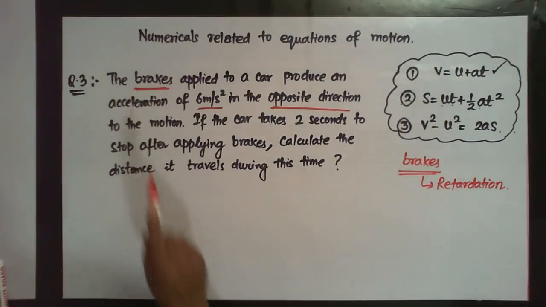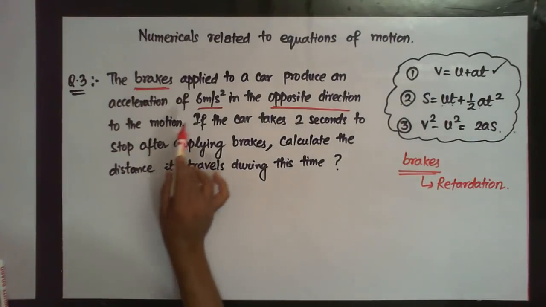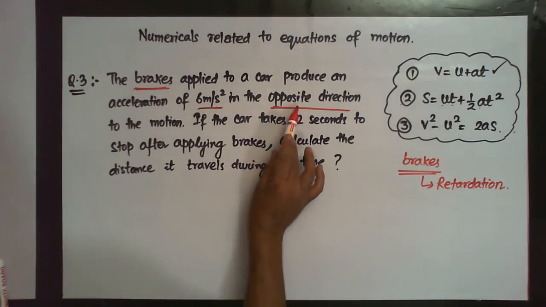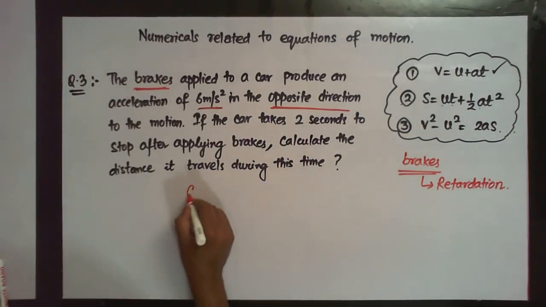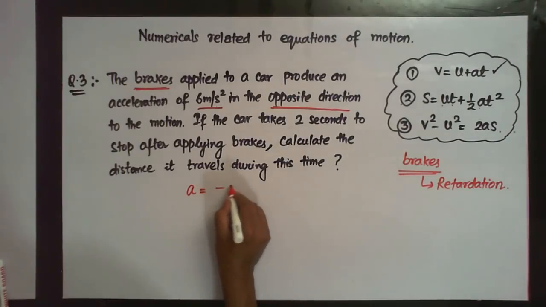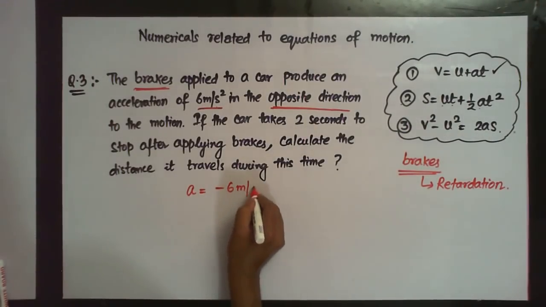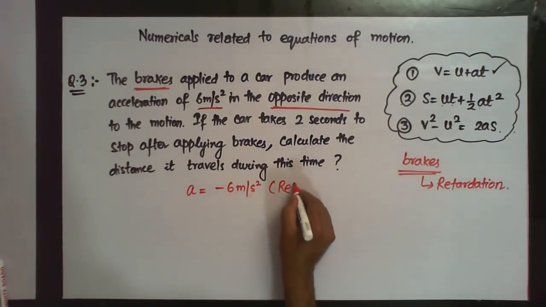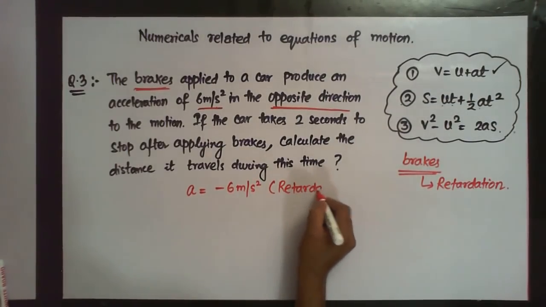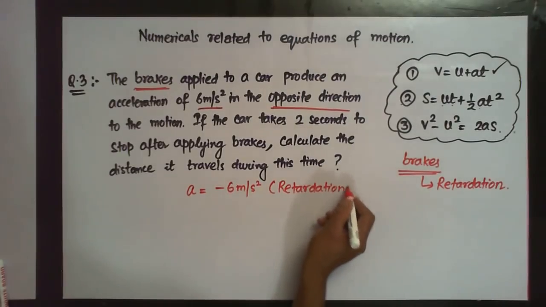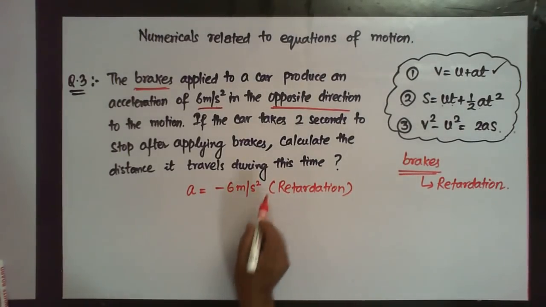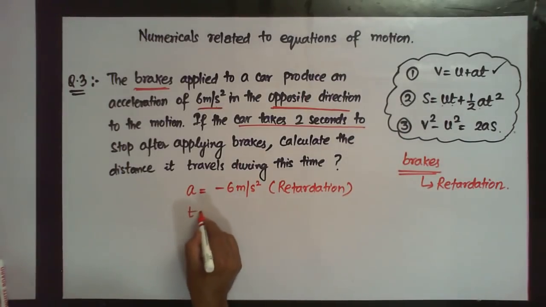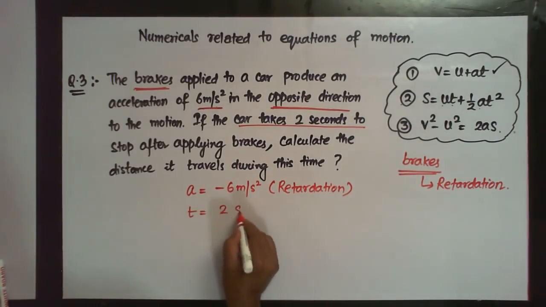So here the question has clearly mentioned that the acceleration of the car is 6 meter per second square in the opposite direction. So A is given as minus 6 meter per second square because it is retardation. If the car takes 2 seconds to stop, so T is equal to 2 seconds.